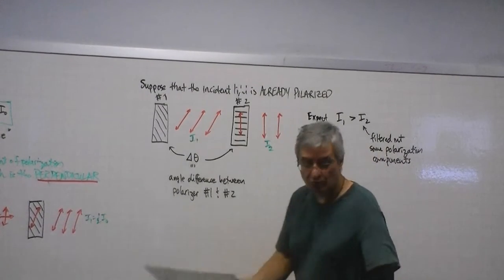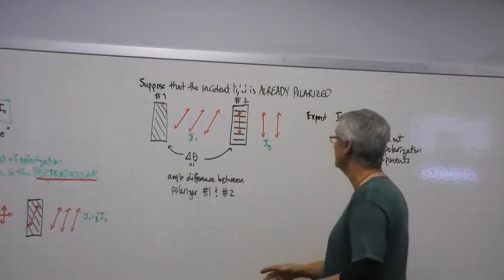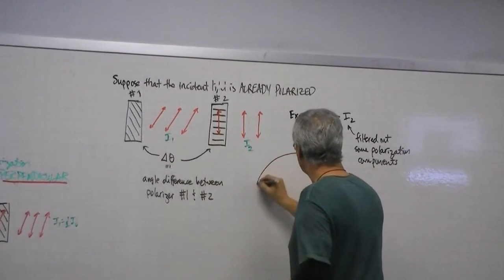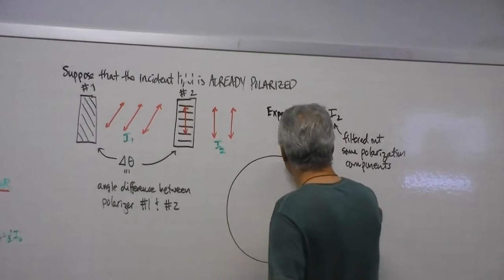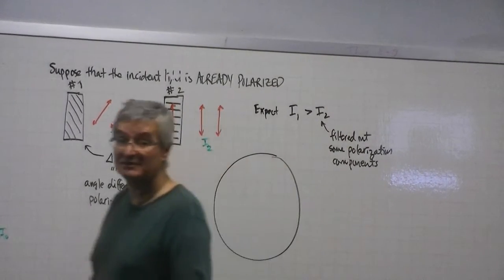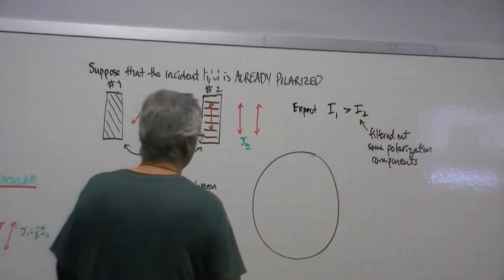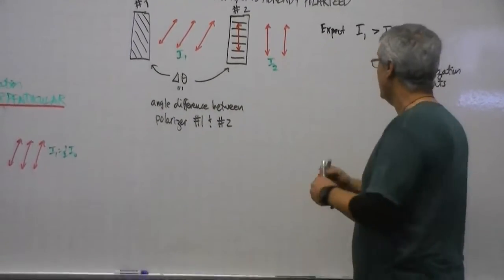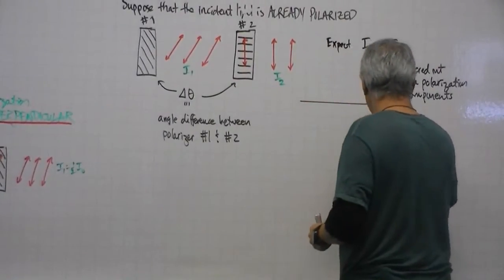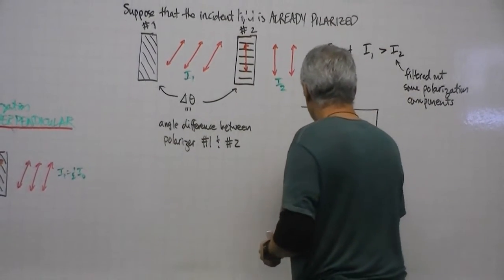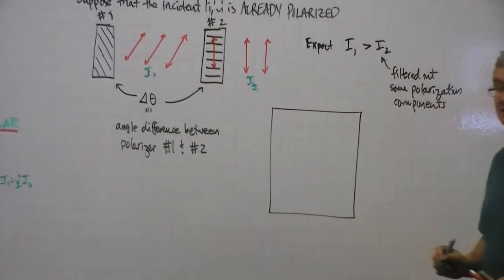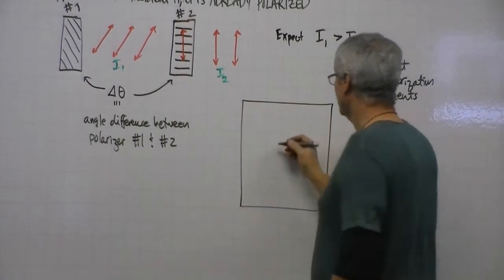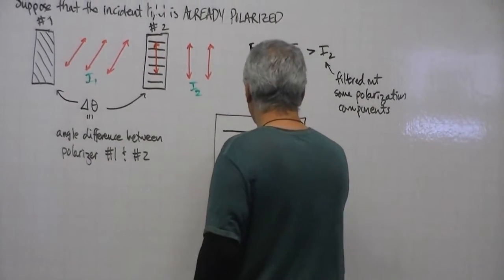Okay, so if I draw this, this is what this polarizer should look like. I could draw, actually I'm going to draw a square because that's closer to what we're seeing here. So let's draw this square polarizer. So I have this square polarizer that looks like this. So when I look at the polarization, this guy's horizontal. So if I look at this thing horizontal, it's going to look like this here.